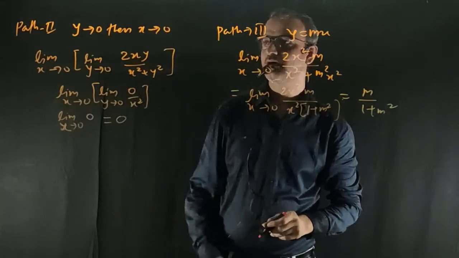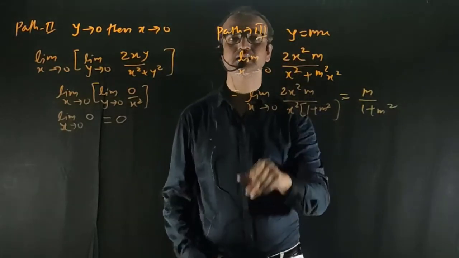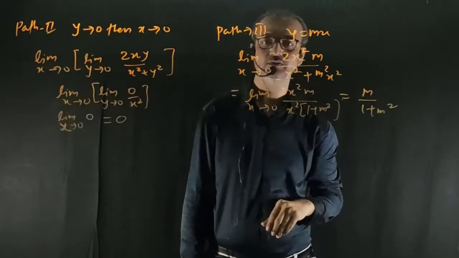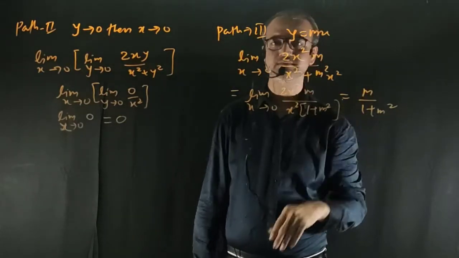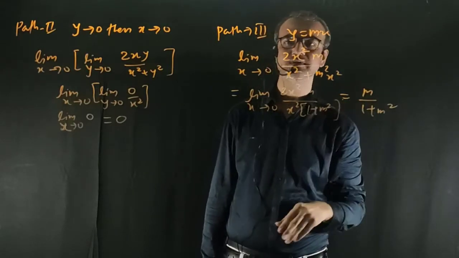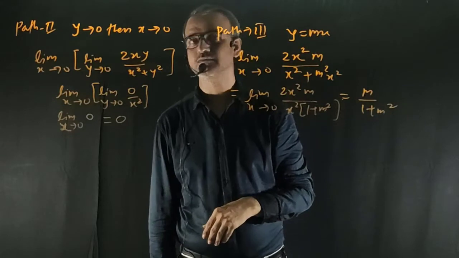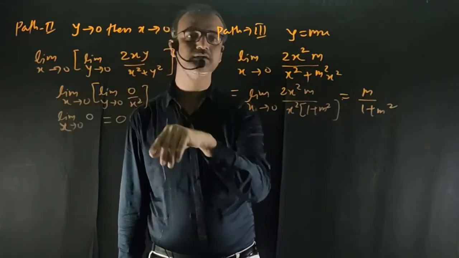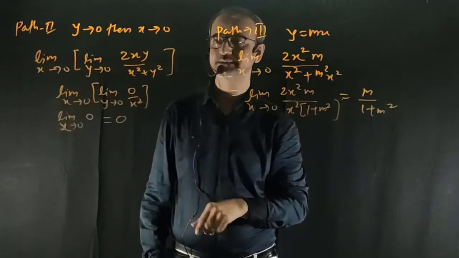Okay. Now as you can see, the limit of the given function along the path y equals mx is m over 1 plus m square. So it depends on the value of m. As the value of m changes, the limit changes. So we can say that the limit along path 1, path 2 and path 3 is not same.